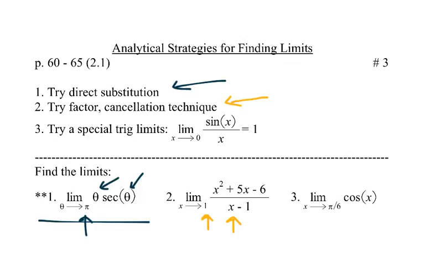So that's a problem. So the second technique that we're going to try is the factor and cancellation technique. And we'll talk a little bit more about why that works. And then the last kind of limit is a special trig limit.